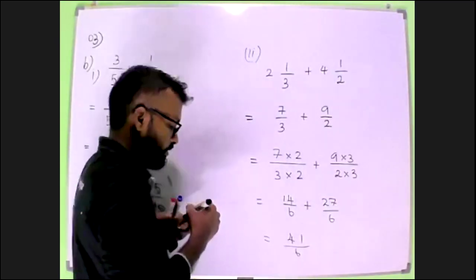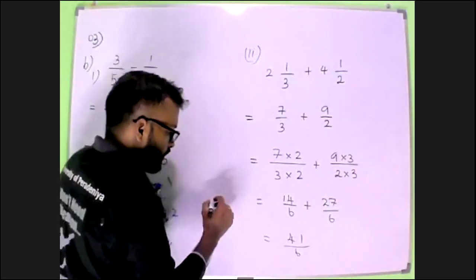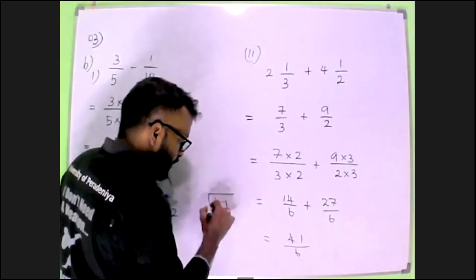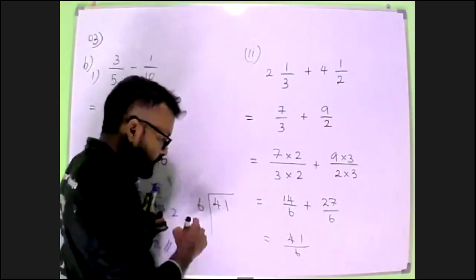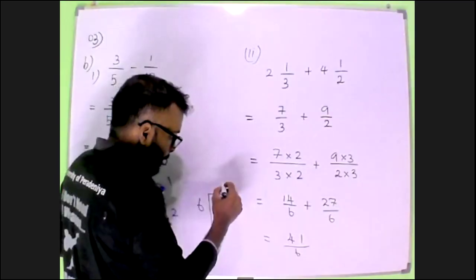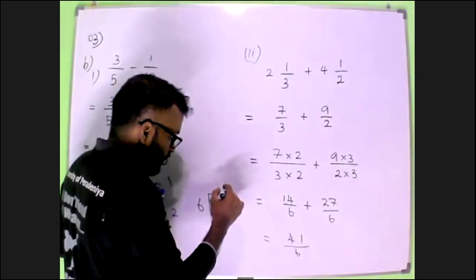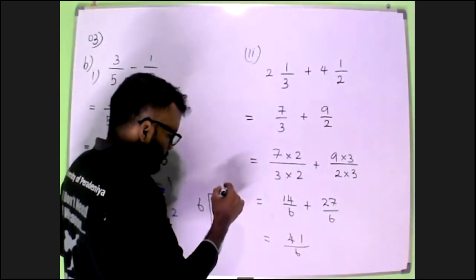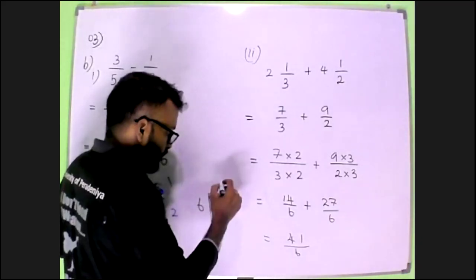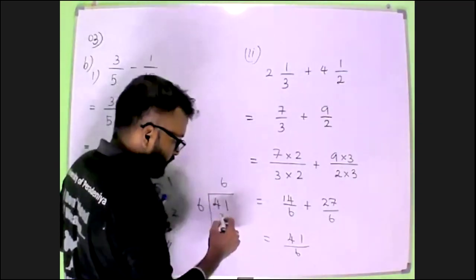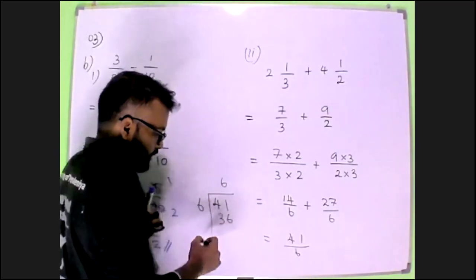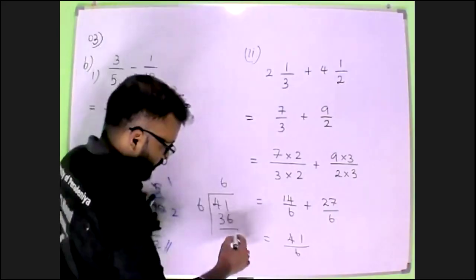41 divided by 6. 6 times 7, remember? 6 times 6 gives you 36, right? 4, 5. So the remainder is 5.